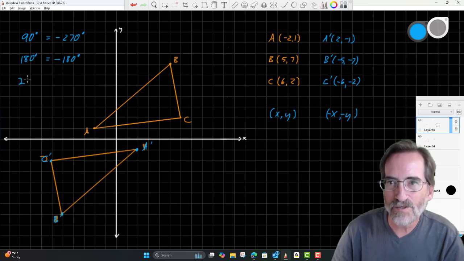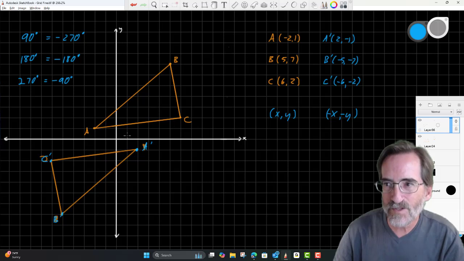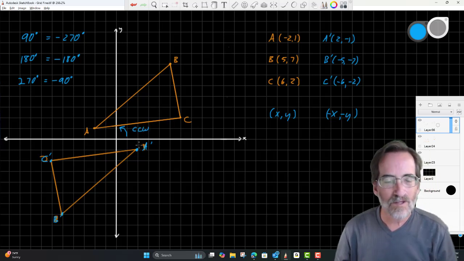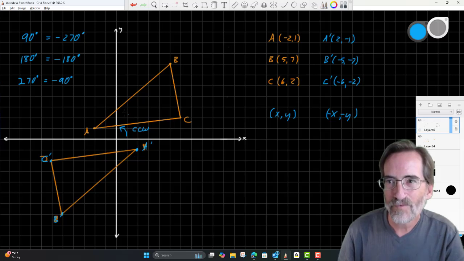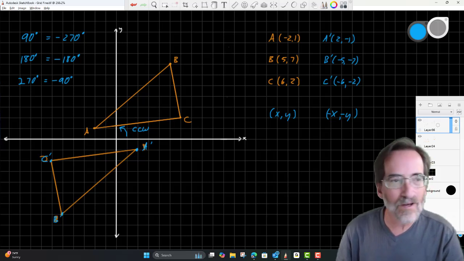And a 270 degree rotation is the same as a -90 degree rotation. And we count positive rotation in the upward direction from the x-axis. Counterclockwise is positive. Clockwise is negative. All right, I think that covers it.